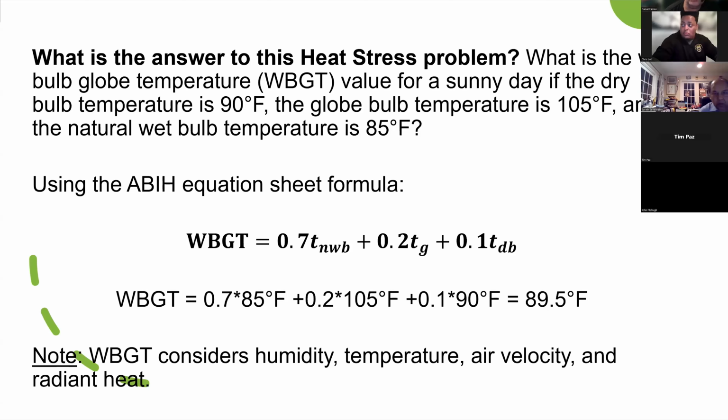What is the wet bulb globe temperature value for a sunny day if the dry bulb temperature is 90 Fahrenheit, the globe temperature is 105, and the natural wet bulb temperature is 85? So get your calculators and do the calculation.